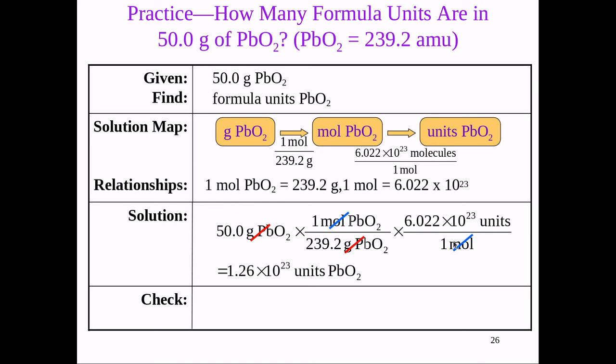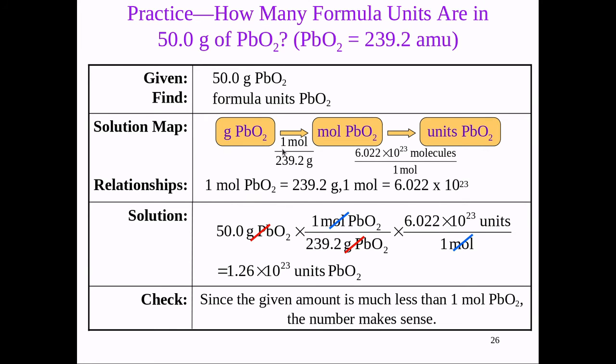We'll cancel those moles. And we see that there's 1.26 times 10 to the 23rd units of lead oxide. Now we started off with less than 1 mole's worth of mass. So it makes sense then that we've got less than 1 mole's worth of units out of it.